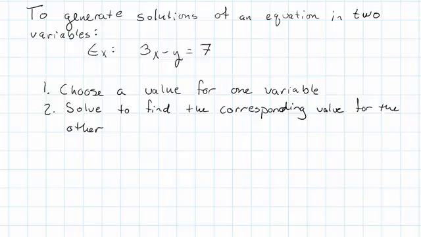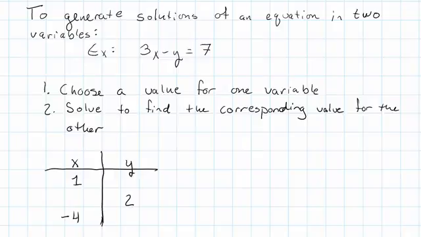Now, when we do this sort of thing, it's helpful to organize our work into a table. I'm going to set x values in the left column, y values in the right column. So let's see. I might choose the value x equals 1. I might choose the value y equals 2. I might choose the value, say, x equals negative 4.